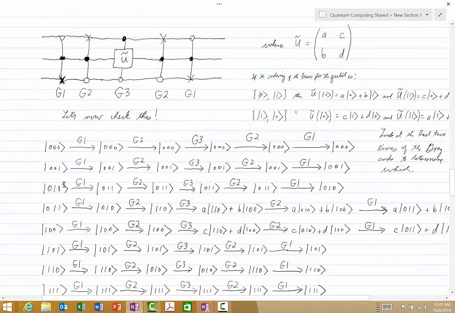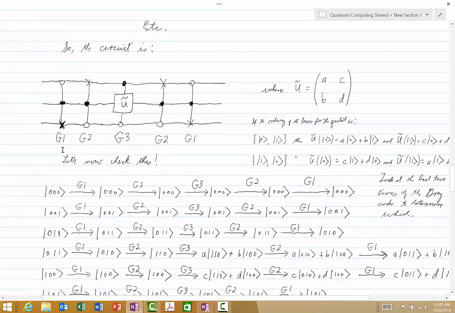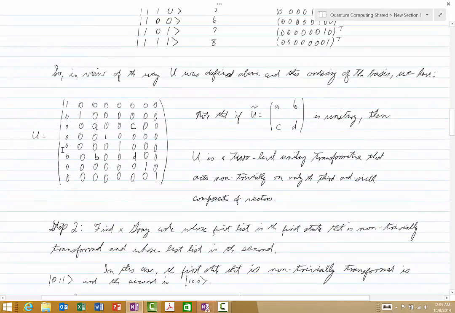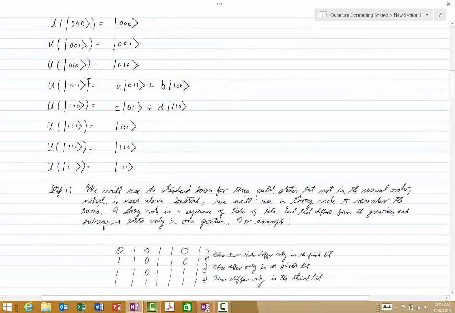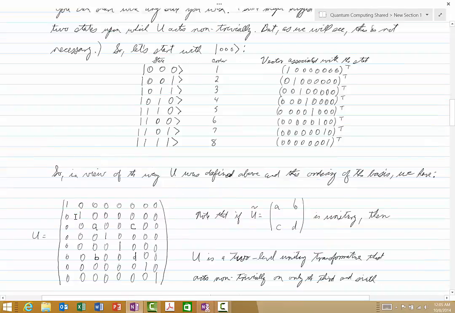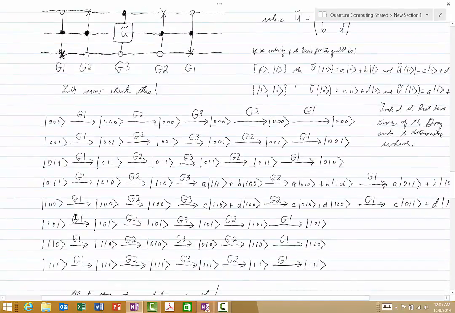By the way, for the sake of comparison, I have the states up here listed in this order, and so I listed them in the same order down here.